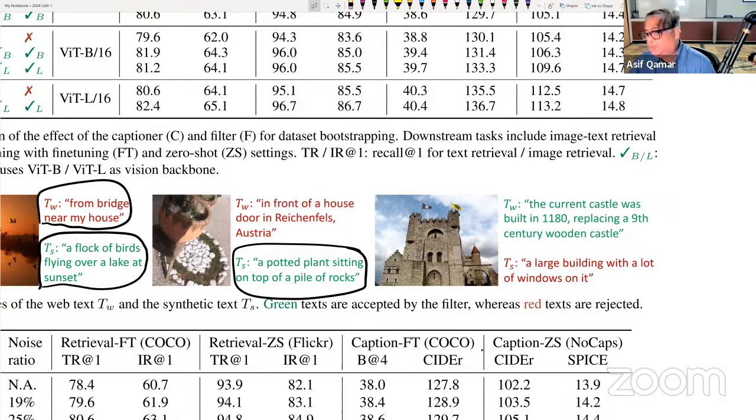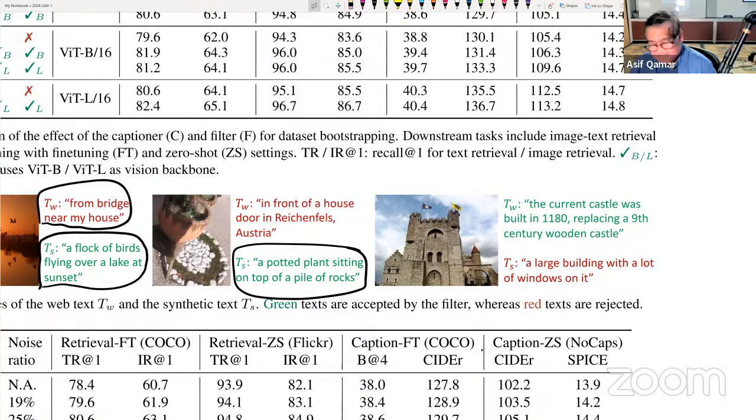Right? So, that's quite a bit of history associated with it. The fact that the machine is seeing a large building with lots of windows on it actually diminishes the information there. It is a better description of the image, but you lose history there.